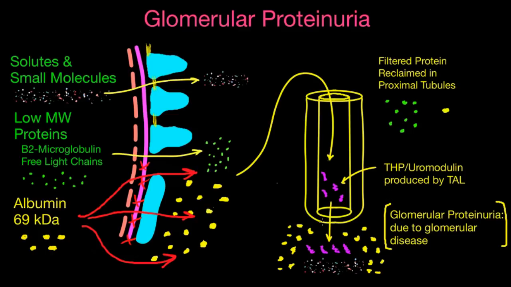But when we say glomerular proteinuria, what we're really talking about is albumin, because this is the pathologic proteinuria. This means that there's a problem at the slit diaphragm. We've lost podocytes, they're sick, and at the level of the glomerulus, we're filtering albumin, which is something we shouldn't be doing. And so this is something we pay a lot of attention to when we're assessing kidney disease.